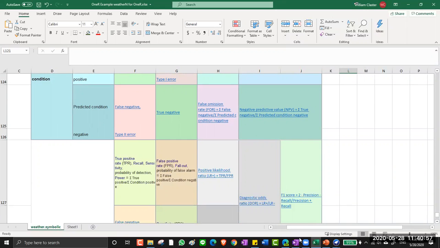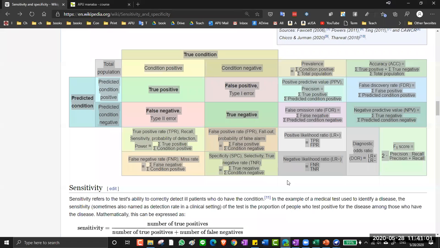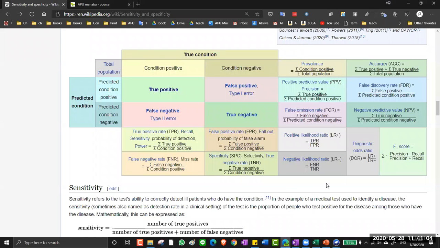All right, let's go back to here. Okay, where's precision? Here's precision, right? So what is it? It's the sum of the predicted condition positive. So here's the predicted condition, and the condition can either be positive or negative. So it's this row, right?